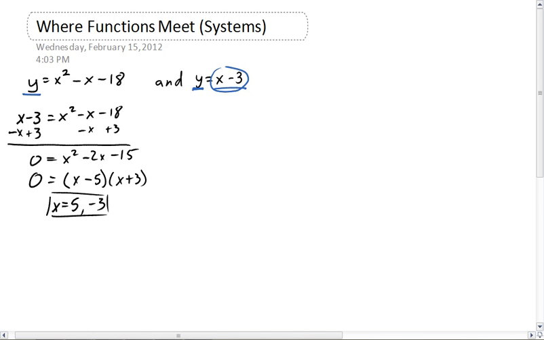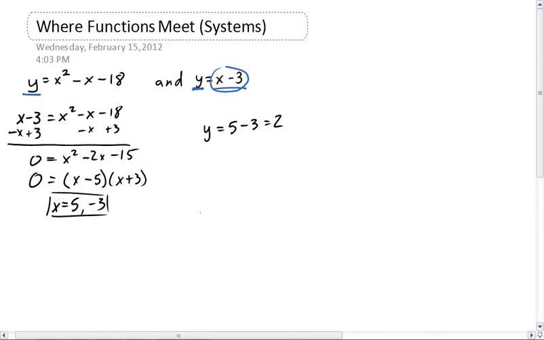We only got the x values. Remember, we're trying to find the values that work in both equations, which means not only do we need x, we also need the y value at each of those points. So let's put these values in. You can put it into either equation, and it should give you the same number. Let's just do it simple by putting it into the easy one. So y equals 5 minus 3, which gives me 2.